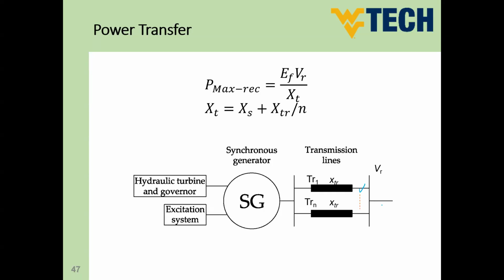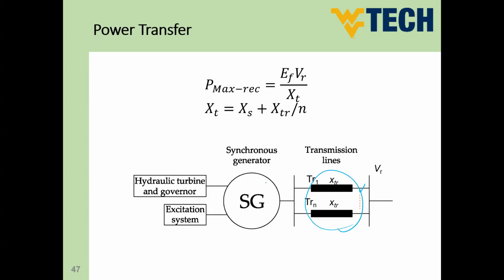What is the condition of power transfer? So the power transfer, guys, or the generated power now can be considered as if we add the reactance of the transmission line to the synchronous reactance of the generator.